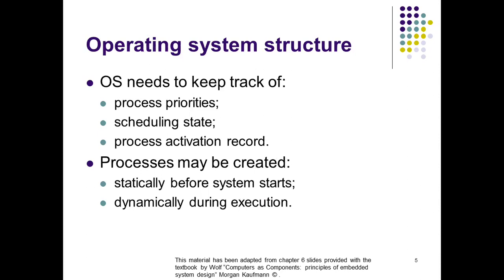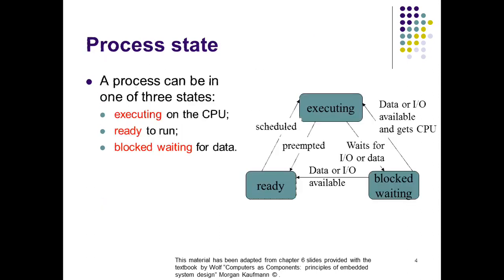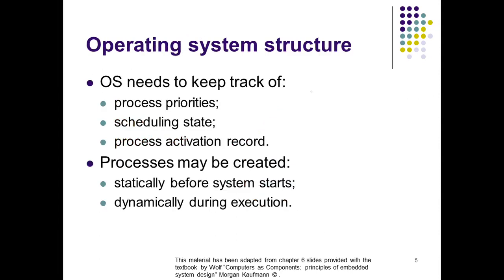So operating systems have to keep track of priorities, which we talked about a lot. The states, so the states are just these states here. So it needs to know what all its processes are, what's waiting, what's ready, what's blocked. It has to keep track of all its local variables, and what's been controlling your context switches. And processes can be created statically or dynamically during execution.